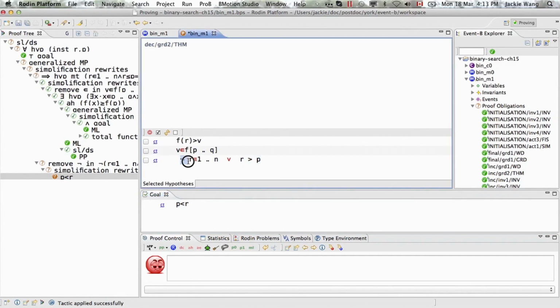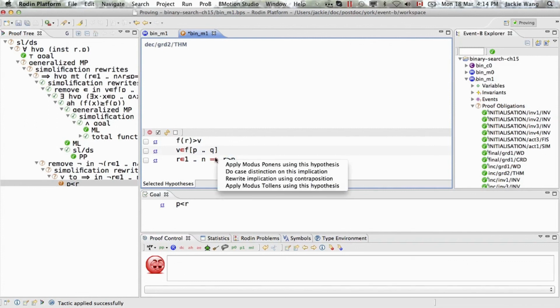We have the structure of not P or Q, and remember not P or Q is equivalent to P implies Q. So let's rewrite this expression here by disjunction to implication. Now we have an implication here, and if we are pretty sure this antecedent is true, then we prove it trivially, and then we can directly apply the consequence.